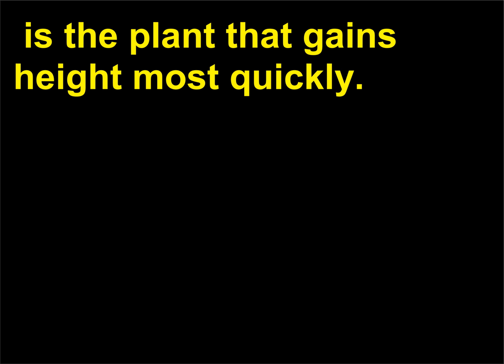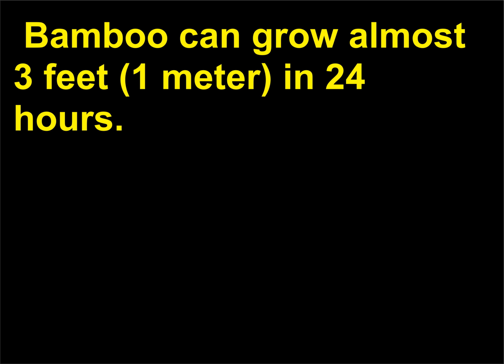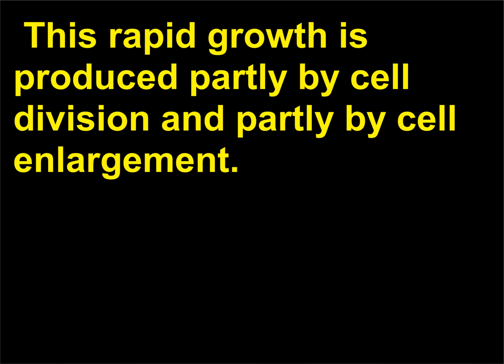Is the plant that gains height most quickly. Bamboo can grow almost 3 feet, 1 meter, in 24 hours. This rapid growth is produced partly by cell division and partly by cell enlargement.